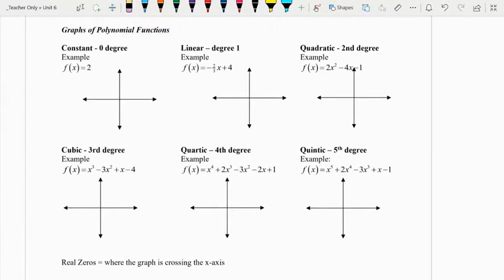So f of x equals 2, again, constant. We're looking at something that really is just like linear. If you're focusing on this one, it would look something like this, where it is decreasing. Remember, all the rules still apply. Quadratic, we would have something like this.